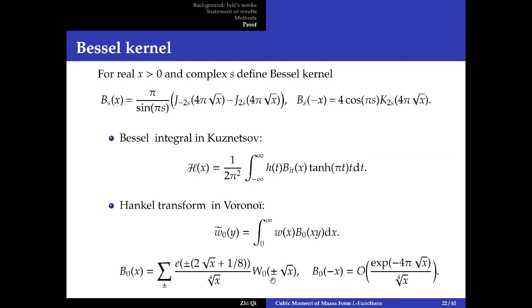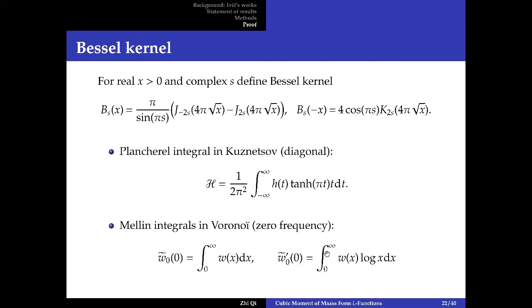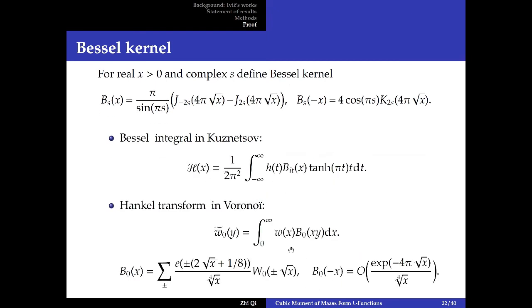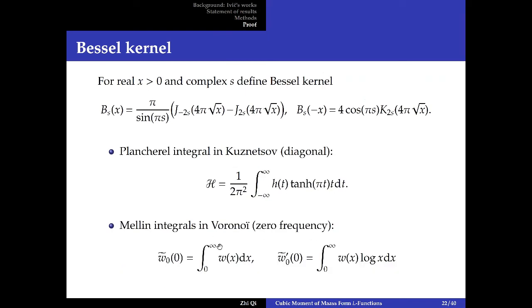So what we really need is this asymptotic formula when x goes to infinity. I write it here. And if you again remove this Bessel function, then you will have some integrals, so you have these integrals coming from the zero frequency in the Voronoi.